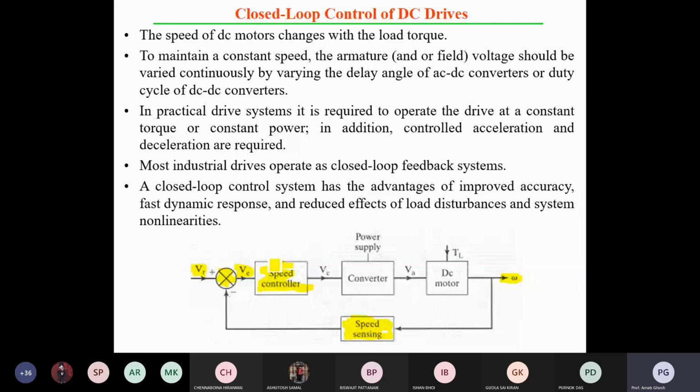After that your converter is there. What is the purpose of the converter? After the speed controller you get the control voltage, VC, the control signal. That control signal will be compared with a repeating sequence, which is voltage mode control, the outer loop control.